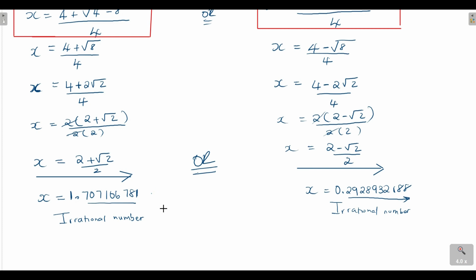No number is recurring. We got 2 plus square root 2 over 2. This is not a simple fraction that we normally work with. This number cannot be expressed as a simple fraction. Therefore, we can conclude that the roots are irrational in nature.